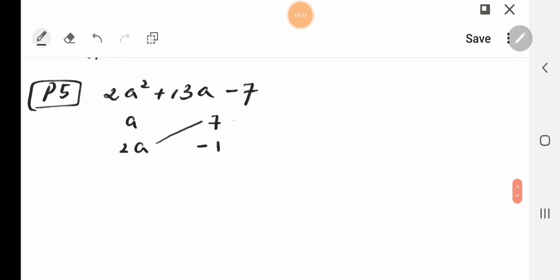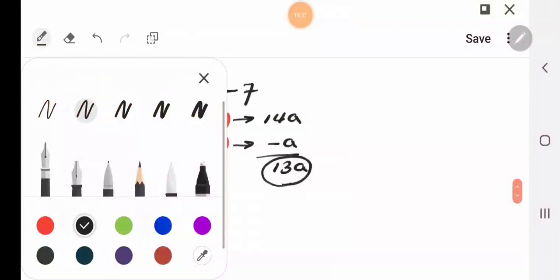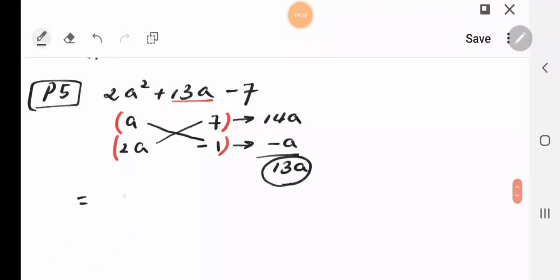Then this product is 14a. This product is negative a. The sum is positive 13a. So we got the match. So this will be the product of two binomials, a plus 7 times a minus 1.